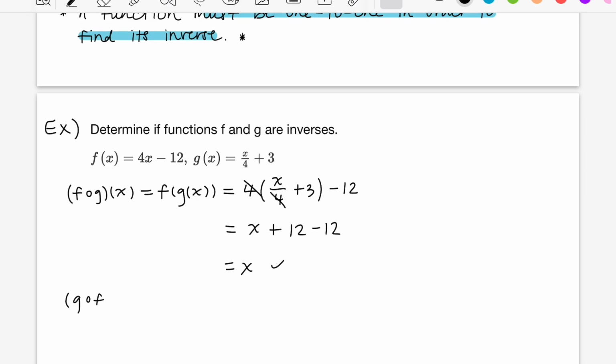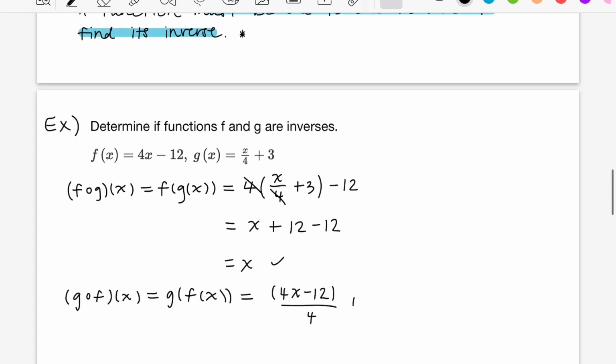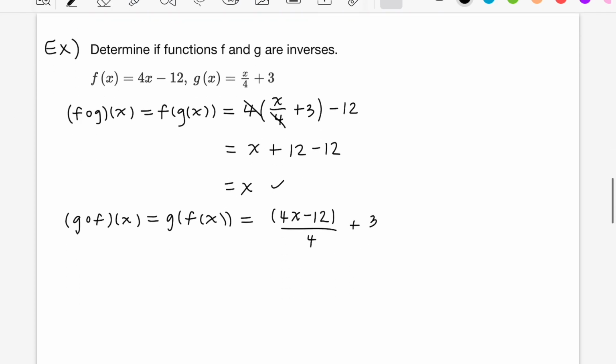We're going to look at g of f of x. So we plug our function f of x into g of x wherever we see an x value. So we'll plug this whole thing into this x here. So we'll get 4x minus 12, divided by 4, plus 3.